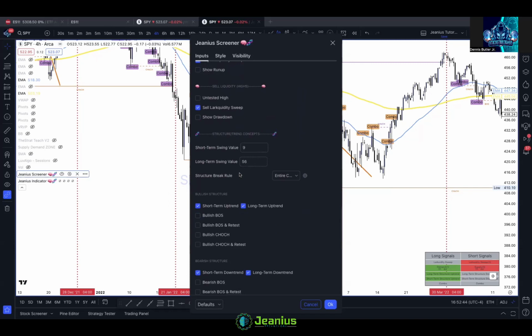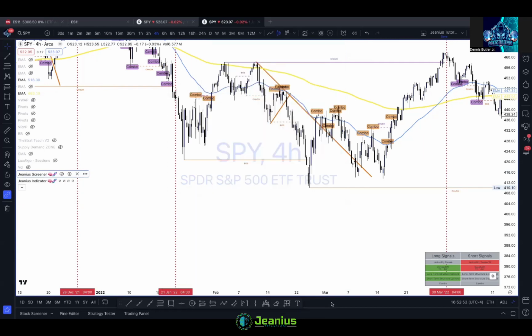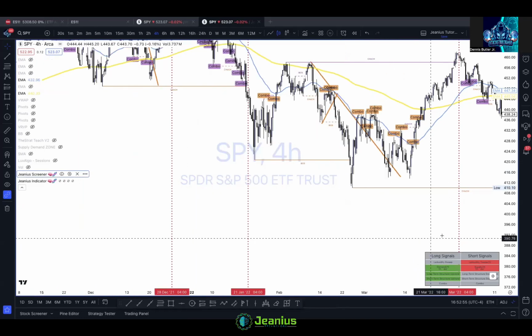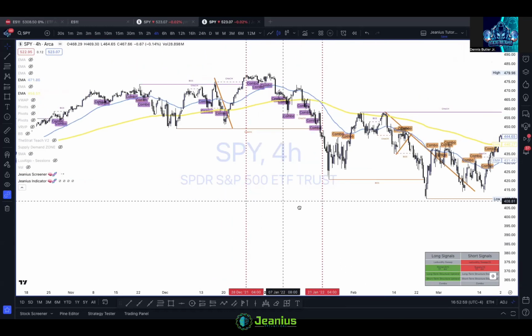What I'm doing on the screener is I'm making sure that everything that I have here is also on the screener as well. So this is somewhat a little bit more clean.